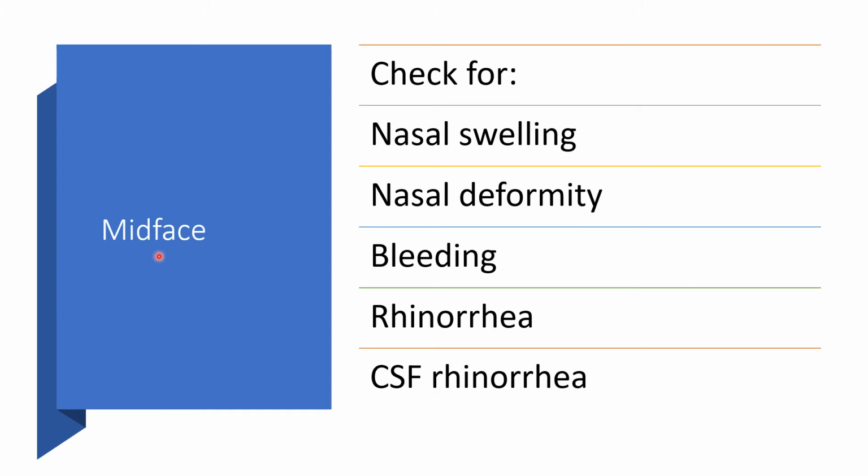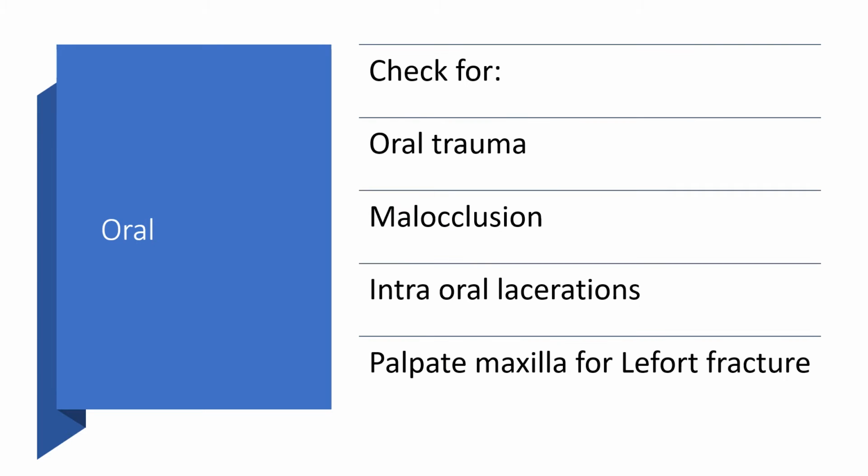We'll get down to the mid-face and we'll be checking for nasal swelling, nasal deformity, any bleeding, any rhinorrhea or CSF rhinorrhea. The oral region will be checked for oral trauma, malocclusion, intraoral lacerations, and will palpate maxilla for Le Fort fracture.